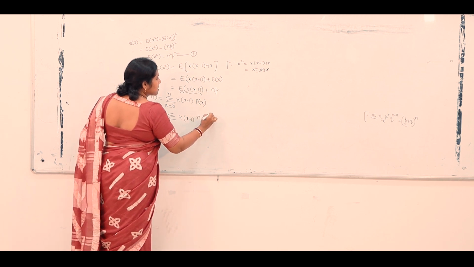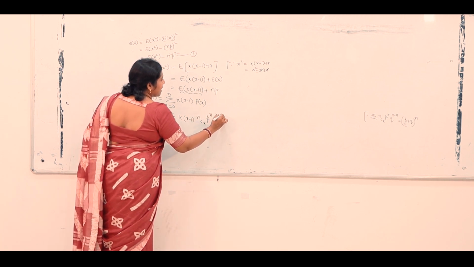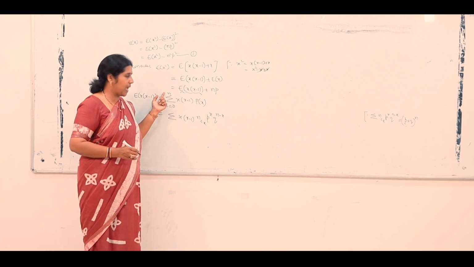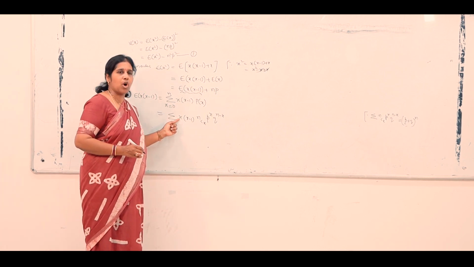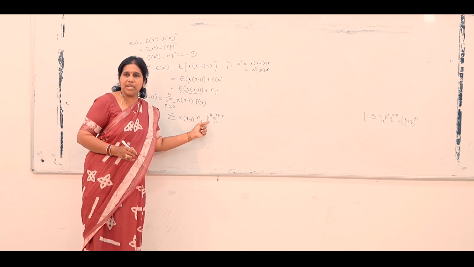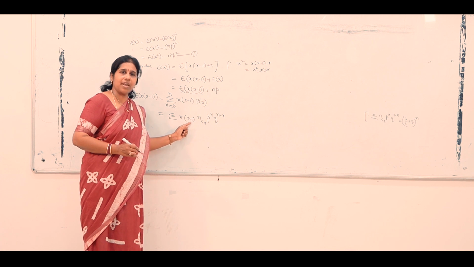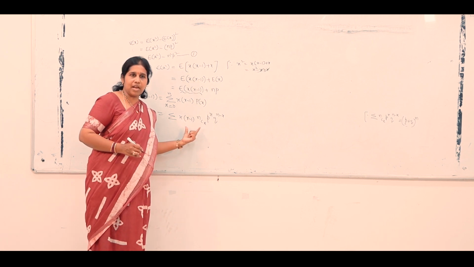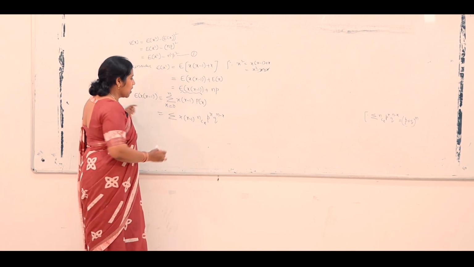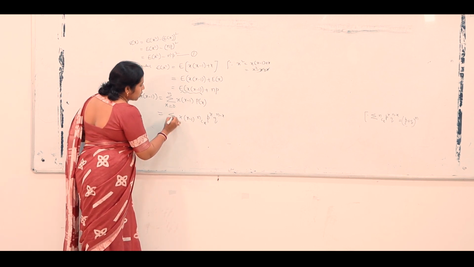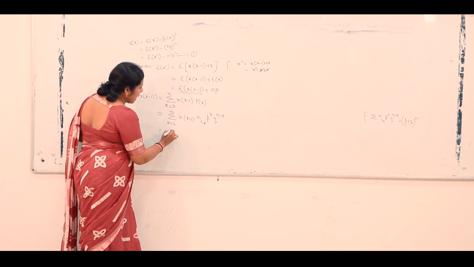NCX, p power x, q power n minus x. And if you observe the range of your binomial, 0 to n, if we substitute 0 here, what will happen? Entire probability will become 0. And if you substitute 1, x minus 1 is 0. Again the entire term will become 0. So x takes the range from 2 to n.